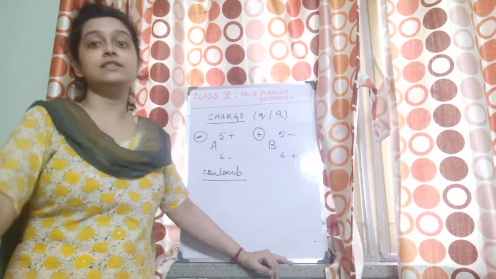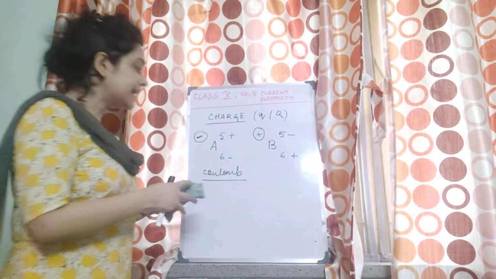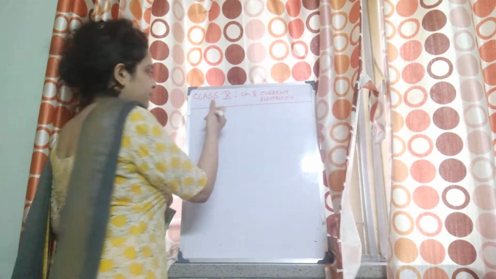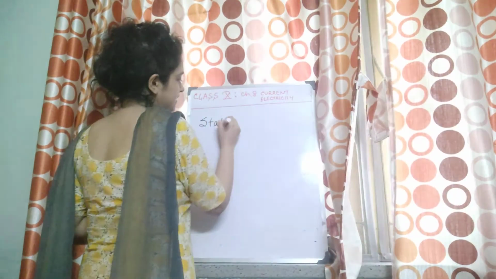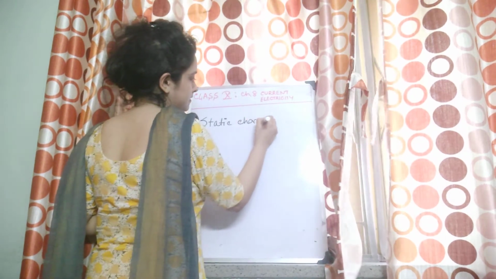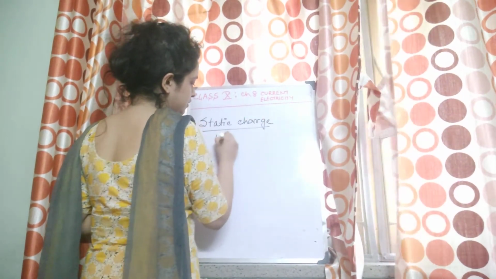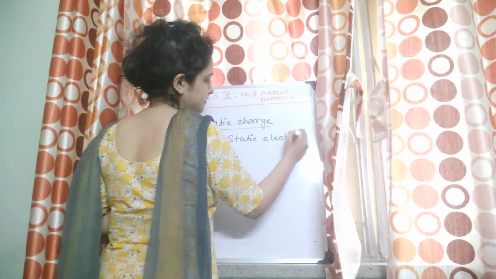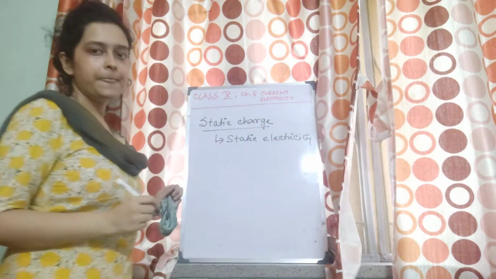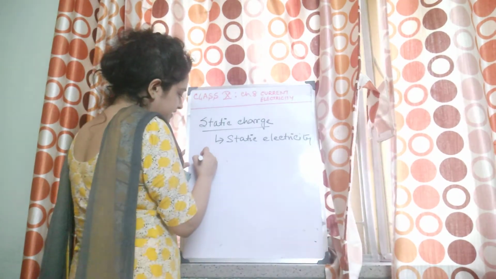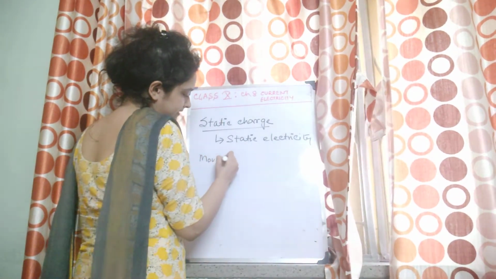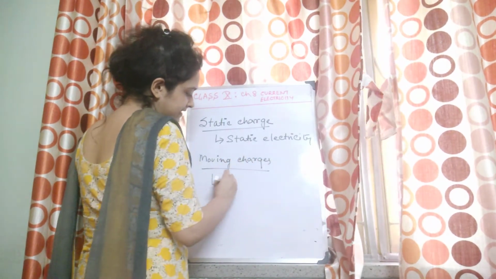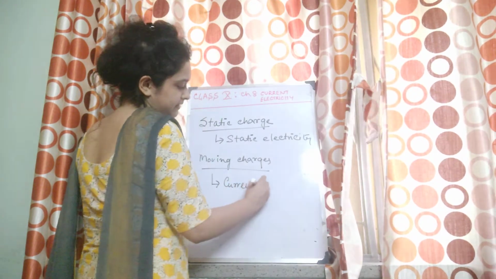The moving charges constitute the current electricity, and the static charges will constitute static electricity, and the charges in motion, moving charges, will constitute current electricity or simply current.